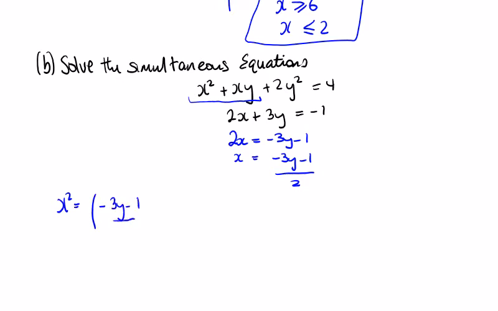minus 3y minus 1 over 2 by itself. Now, when they're all minuses on top, we get all plus answers because a minus by a minus is a plus. So we get 9y squared plus 3y twice plus 1, and on the bottom we get a 4.